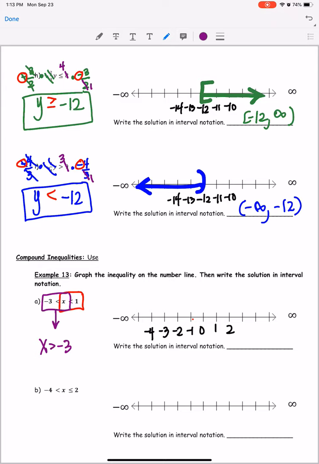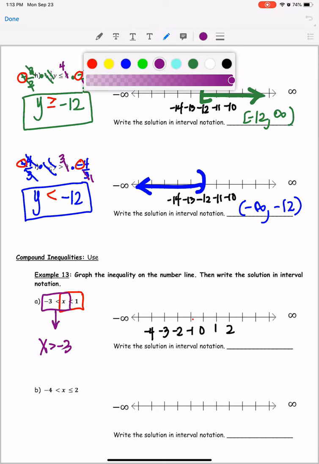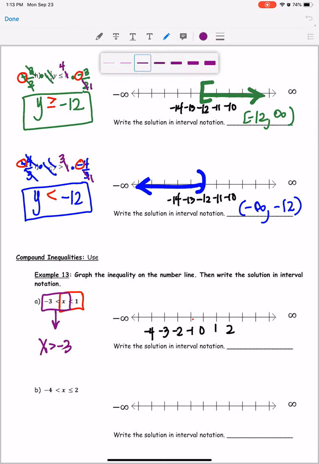So when you graph, negative 3 needs to be going this way. You've got 1, which needs to be going this way. So you can see it's just this portion right here in between.